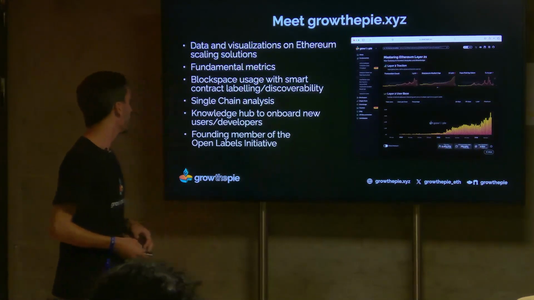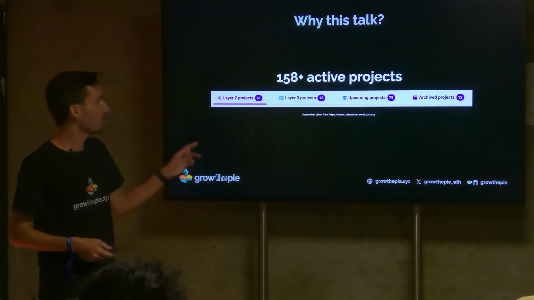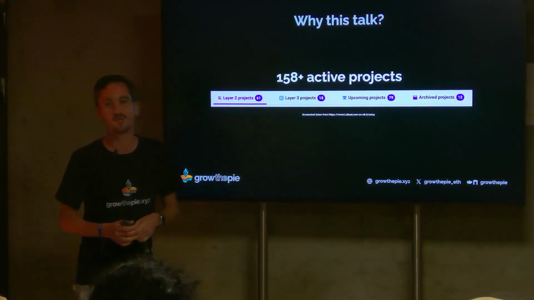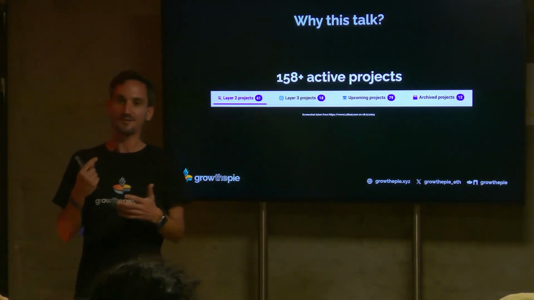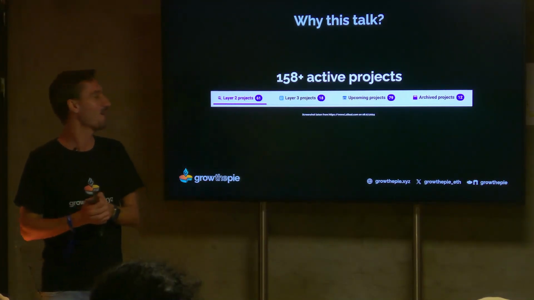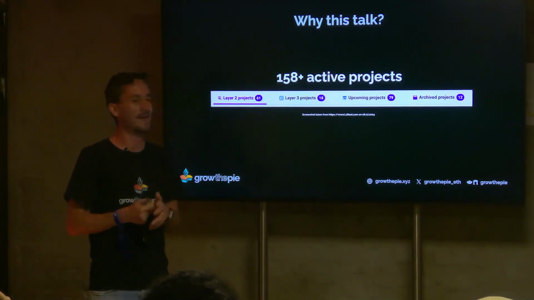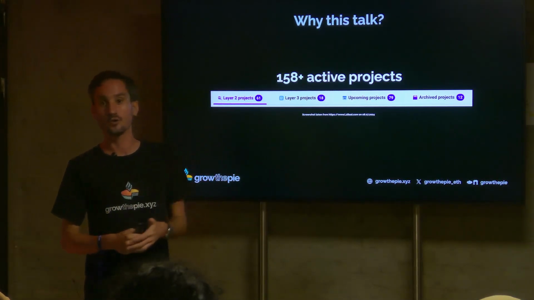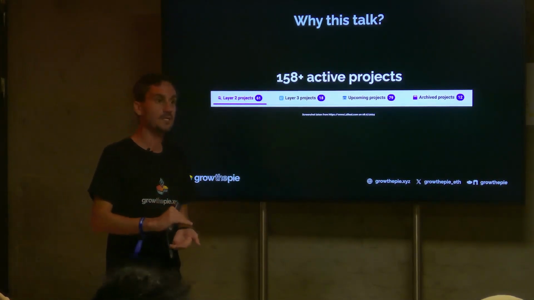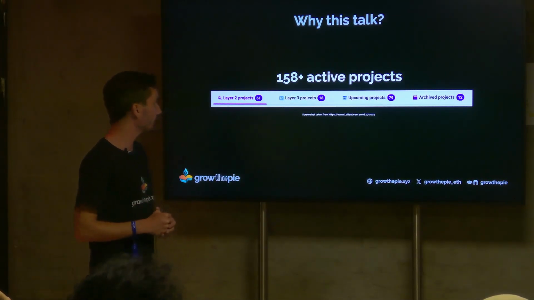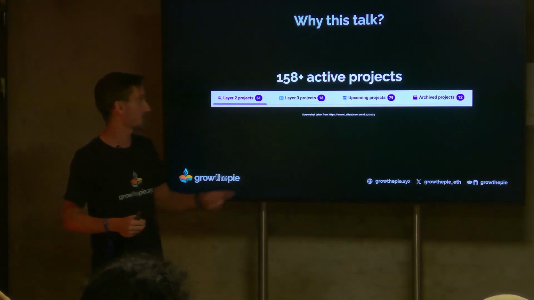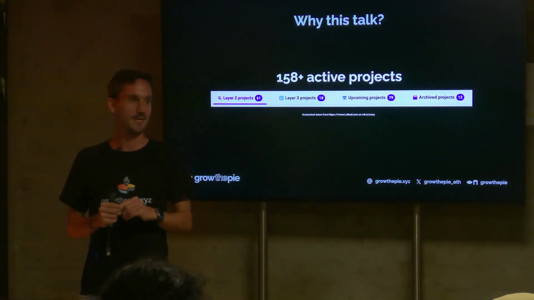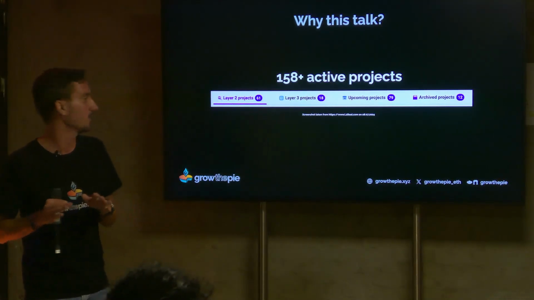And when we look at a great project called L2Beat that does a lot of risk analysis and analyzes these layer 2s, layer 3s once they launch from a security and technical perspective, we see there are around 158 plus active layer 2, layer 3 projects out there right now.